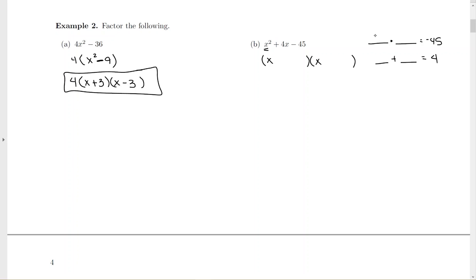So I'm thinking of combinations of like 9 times 5 is 45. And if I put a negative on the 5, positive 9 plus negative 5 gives me positive 4, and 9 times negative 5 is negative 45. So a plus 9 and a minus 5 go in here. The order doesn't matter. You could also write it as x minus 5 times x plus 9. Either works.